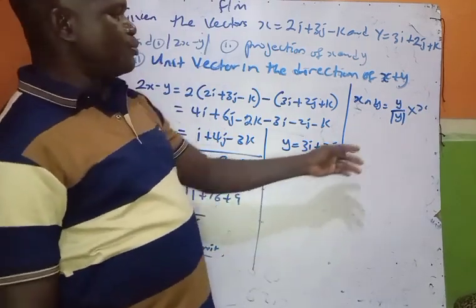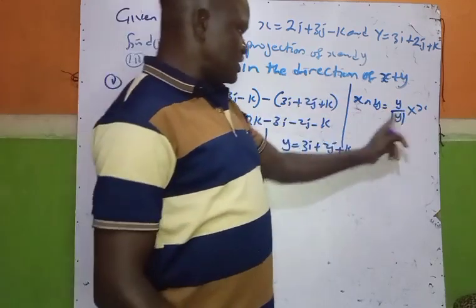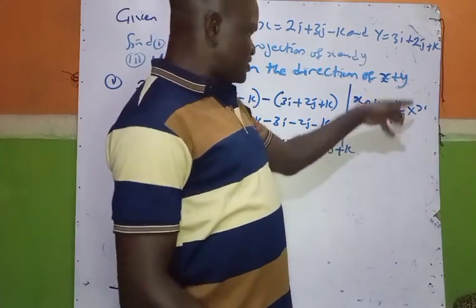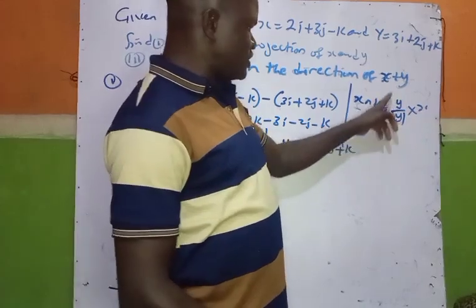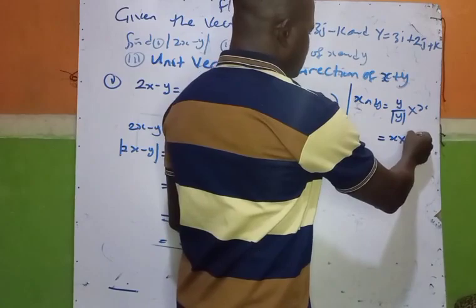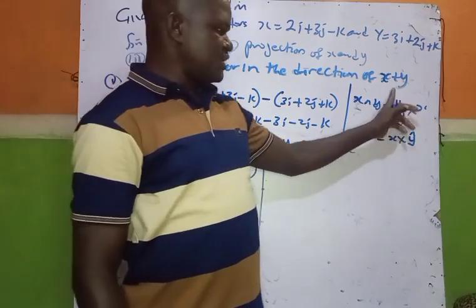So here is projecting the vector x on y. So it's either you multiply pre or post, it's still the same thing. So you find the unit vector. So you can write this one like this: x multiplied by the unit vector. So the unit vector is written as this.